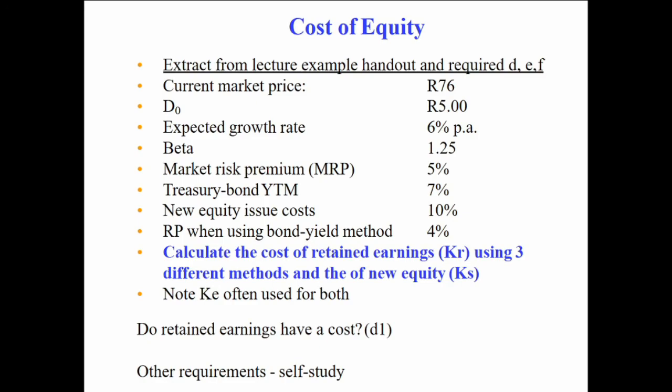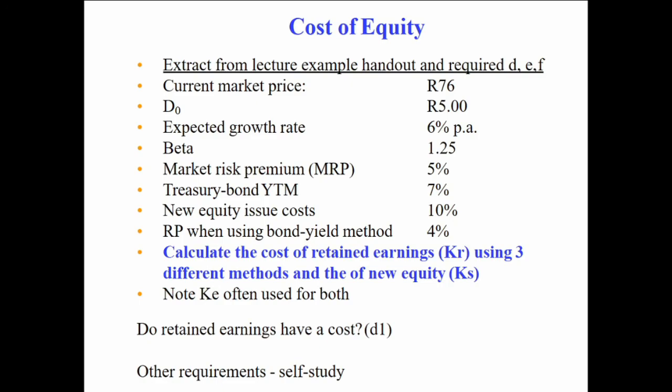The firm's beta is 1.25, the current yield on treasury bonds is 7%, and the market risk premium is estimated to be 5%. When using the bond yield plus risk premium approach, the managers assume a risk premium of 4 percentage points. We want to calculate the cost of retained earnings using the 3 different methods and the cost of new equity.